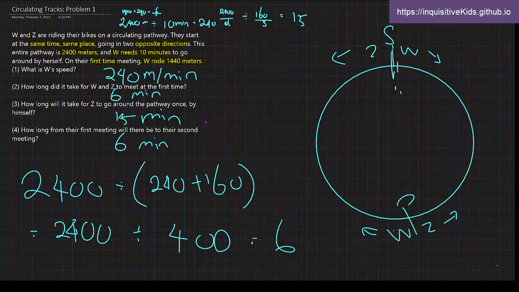And especially the fourth problem I need to emphasize. How long from their first meeting will there be to their second? Well, I drew this graph here, and you see this little flag to show that's where they met. Then I just continued with arrows to show that they kept going. Using the math from above, I was able to find that it was 6 minutes.